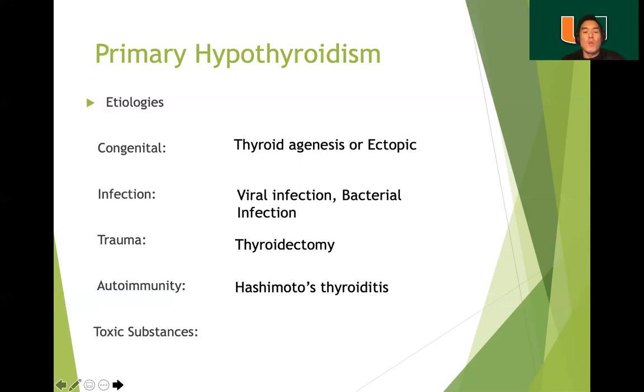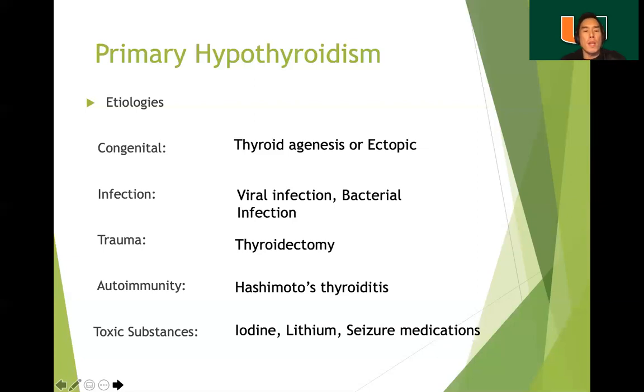Hashimoto thyroiditis is the most common cause of primary hypothyroidism in children and adolescents. But if you talk about congenital hypothyroidism, the most common cause is thyroid dysgenesis or ectopic thyroid gland. Ectopic thyroid gland is actually more common than agenesis.